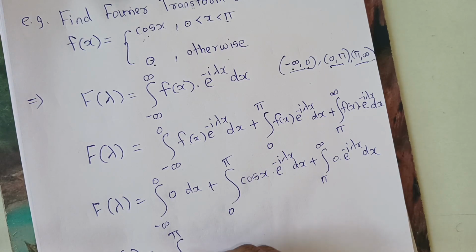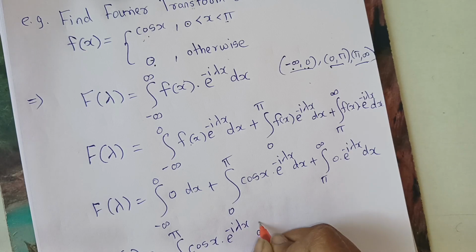So F of lambda is the integral from 0 to pi of cos x e raised to minus i lambda x dx.